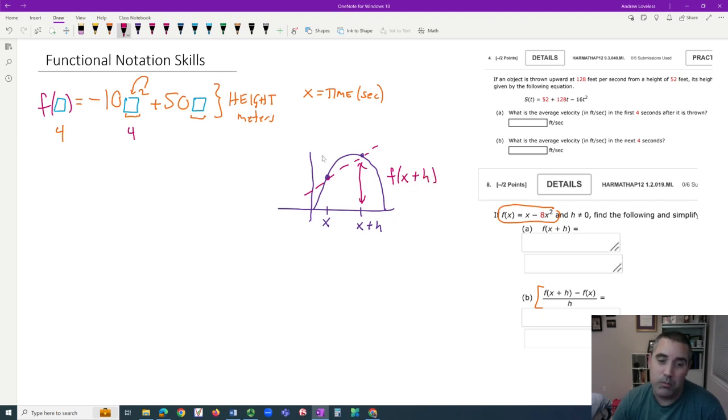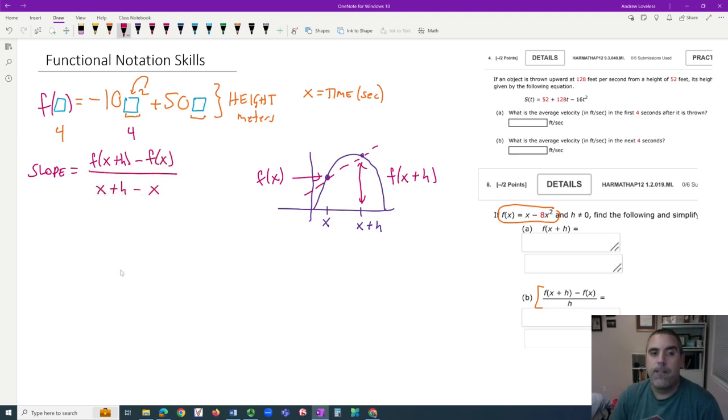That's the height when you plug in that thing, and the height here is f of x. So the slope is f of x plus h minus f of x, over h. And this is the most important expression in calculus. It's where everything starts. It's called the difference quotient. But the act of writing it seems to bother people, and that's what this question's about.